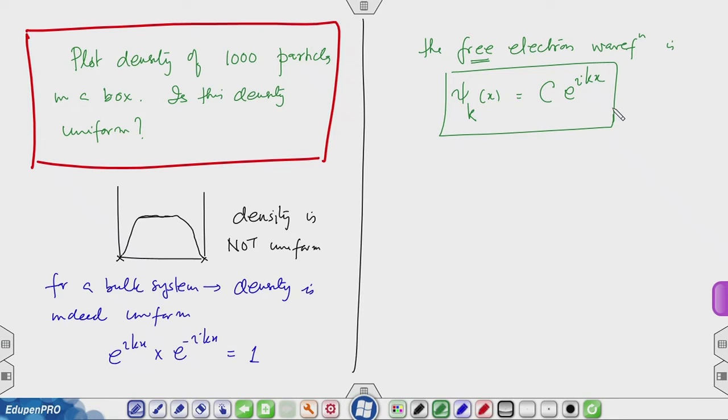That is the wave function. ψ star ψ is uniform. So, that is settled.